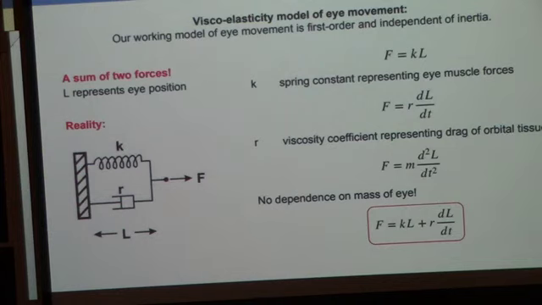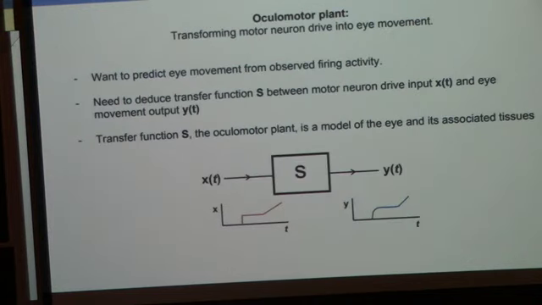Question. Just two questions. So on the previous slide, when you said motor neuron drive is the input, is that the same thing as modeling the strength, or are they just modeling it in this case as well? So here, motor neuron drive input is basically firing. So you have some sort of nerves that are firing at the eye muscles, which then translates into movement, so therefore the actual eye movement takes place.